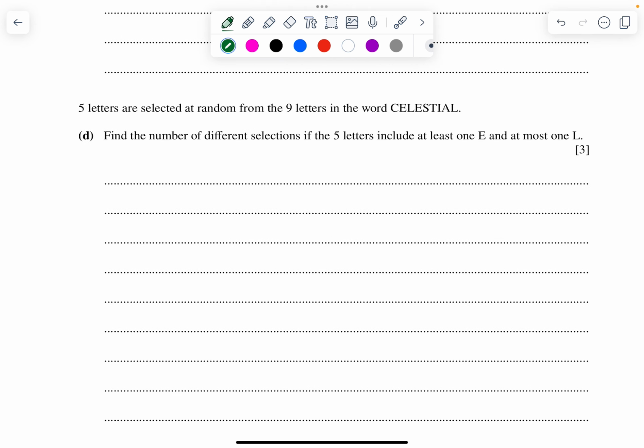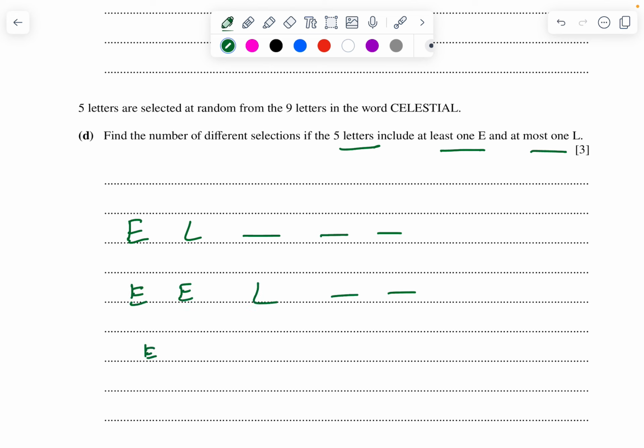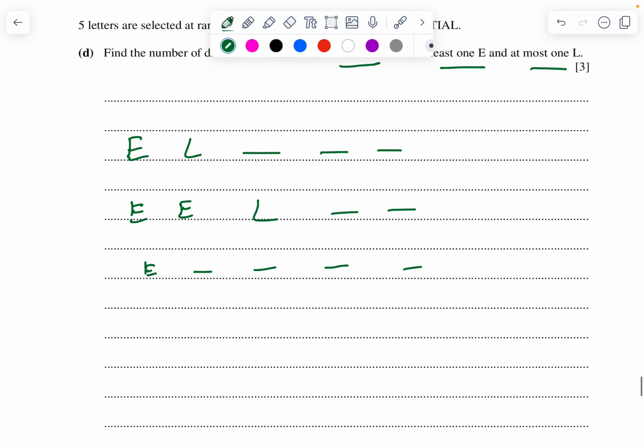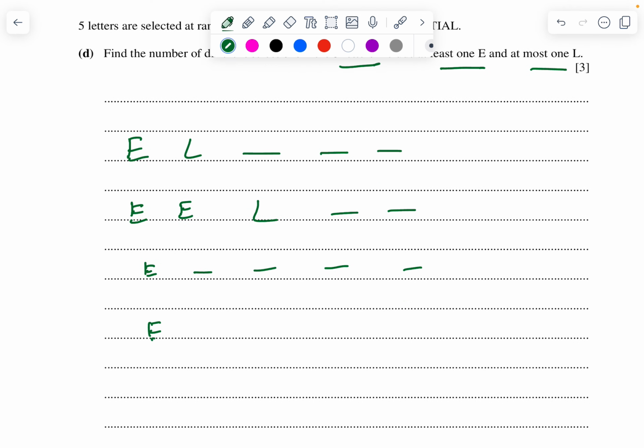5 letters are selected at random from the 9-letter word. The different selections of 5 letters include at least one E and one L. So E, L, and 3. E, E, and L, another 2. E and no L's, this one, and E, E's, this way.